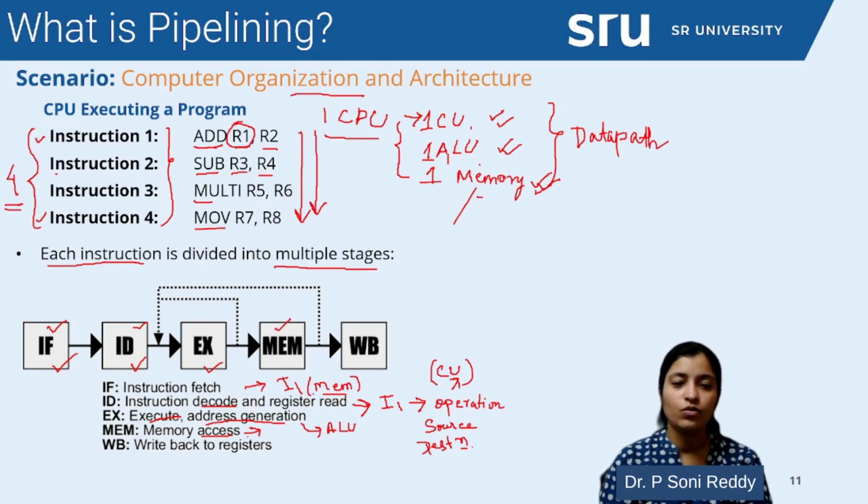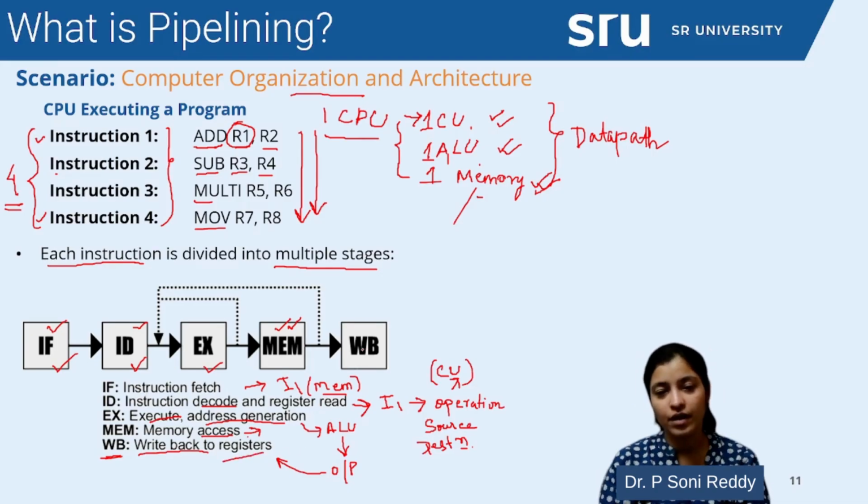The output that is generated during this execute stage will be stored in memory, and that is done in the memory access phase. Finally, we have the final stage which is called WB or write back. Write back means storing this output in the final register or destination register. That is called the write back stage.